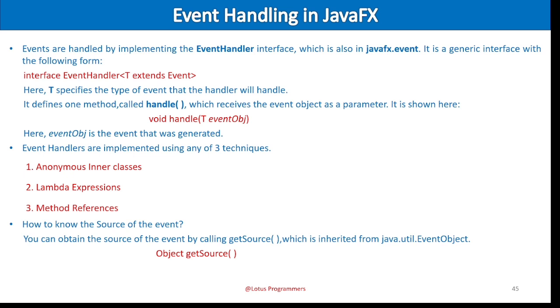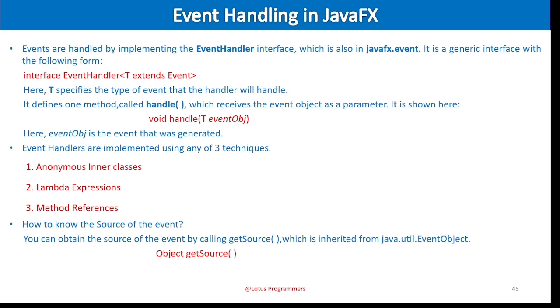While implementing the event handler's handle method through the respective event source object, either a button or any user interface control object, an anonymous inner class is defined in order to define the event handling mechanism.